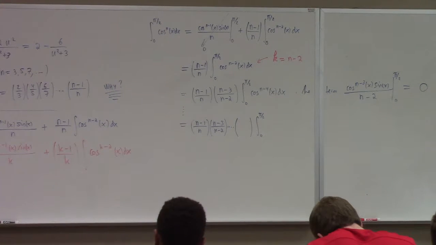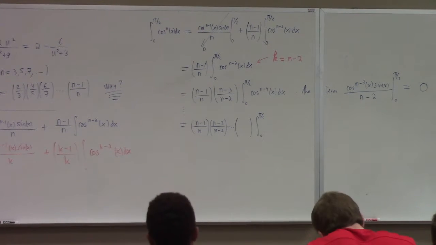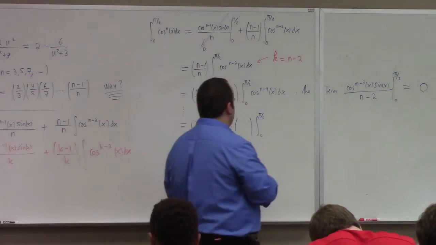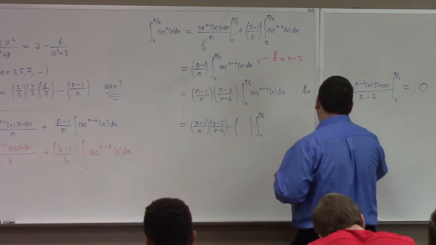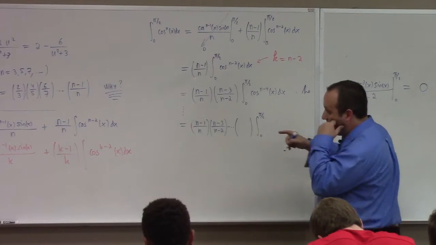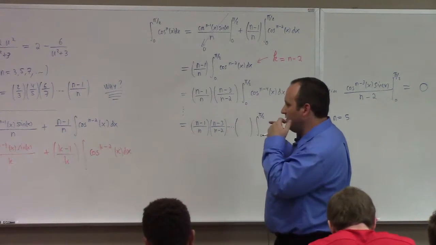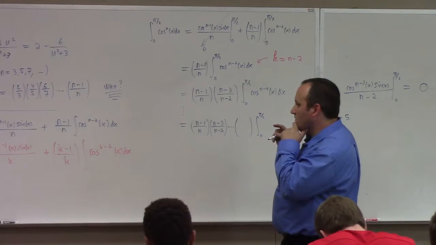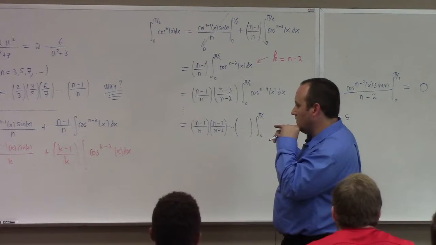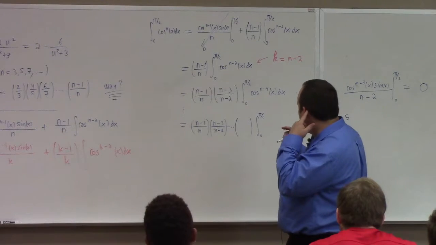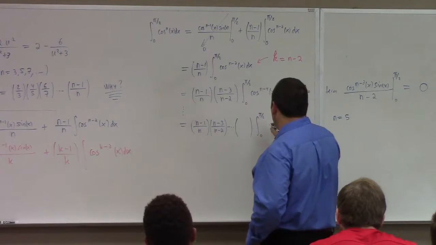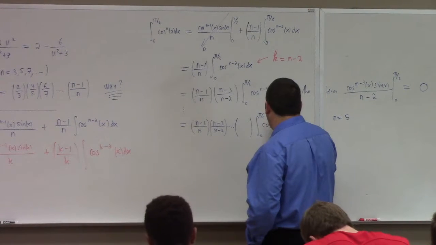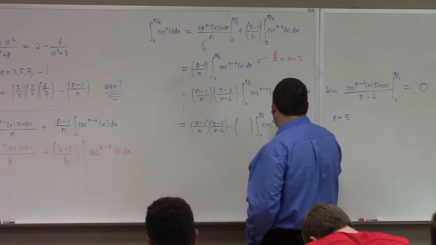Okay. Let's see here. So when we get to n equals 5, right? What happens with n equals 5? Maybe I should say, trying to think here. Let me do the one before the last step. The one before the last step would be the integral of cosine to the 5th of x dx, right?